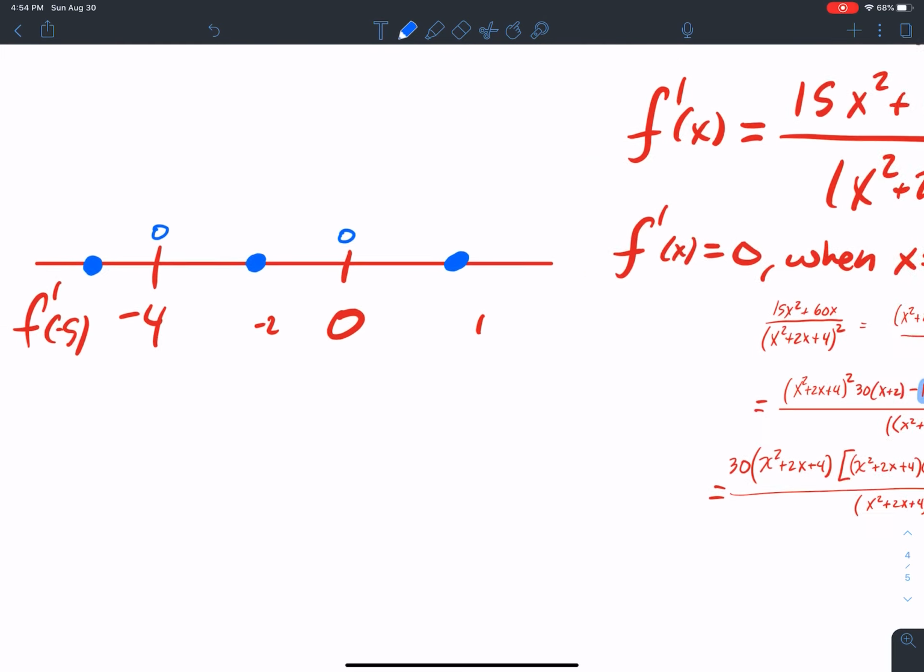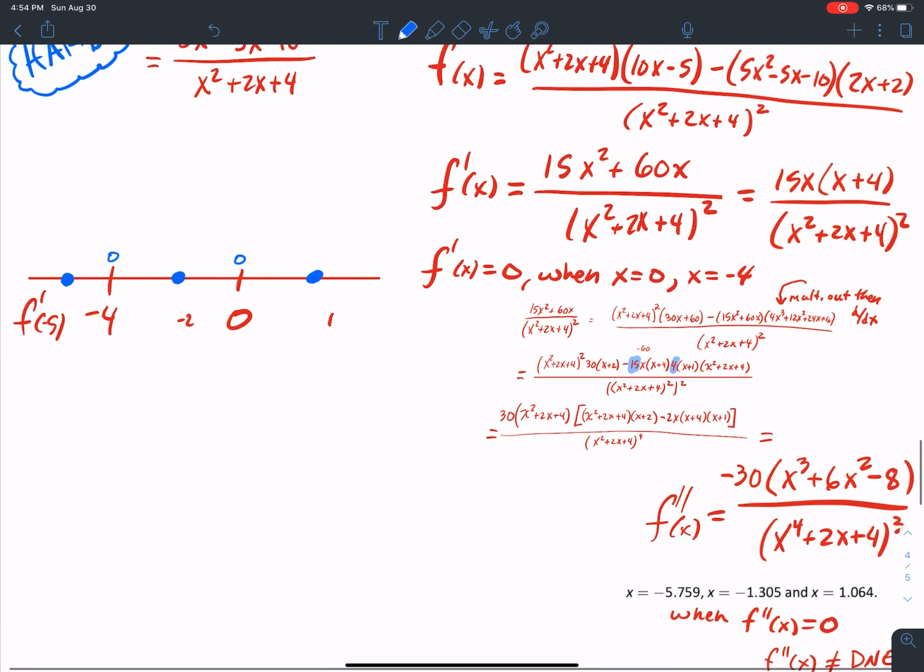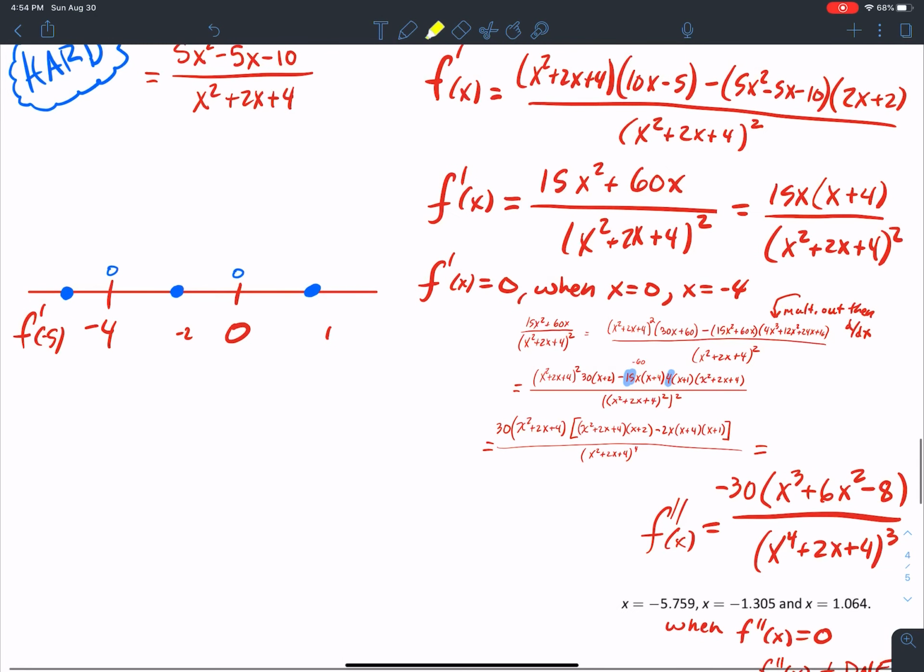If I plug that into the derivative, here's my derivative. If I plug in a -5, I see that this becomes negative, this becomes negative, so a negative and a negative make a positive up top. In the denominator, when I square it, that's going to be positive. So this number is going to be positive, and that means we are increasing on that interval.